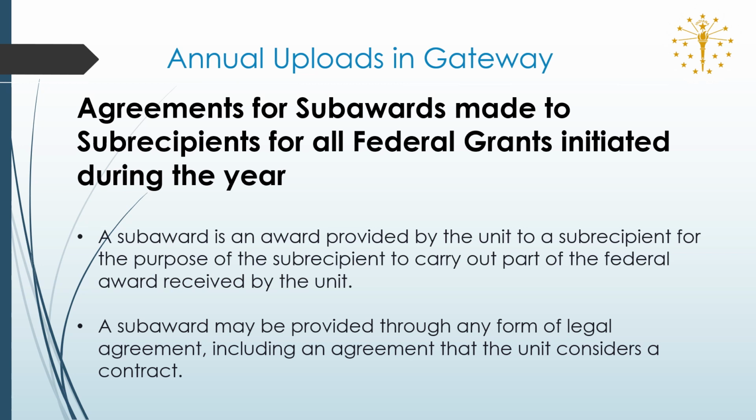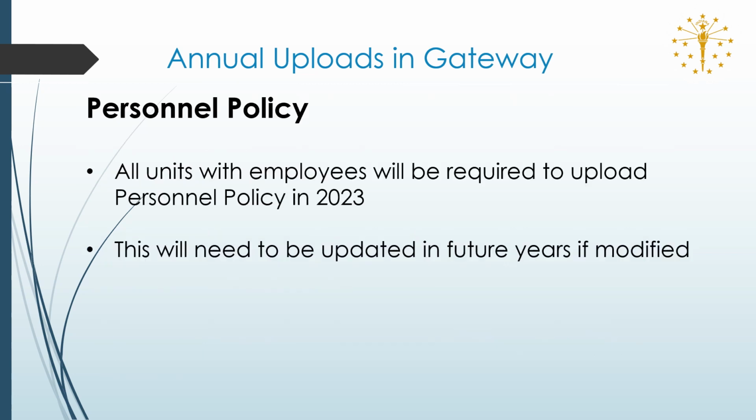I would like to note subawards do not include payments to a contractor or payments to an individual that is a beneficiary of a federal program. It is possible you might not have any agreements for subawards made to subrecipients for a federal program. If so, nothing would be uploaded under this section.